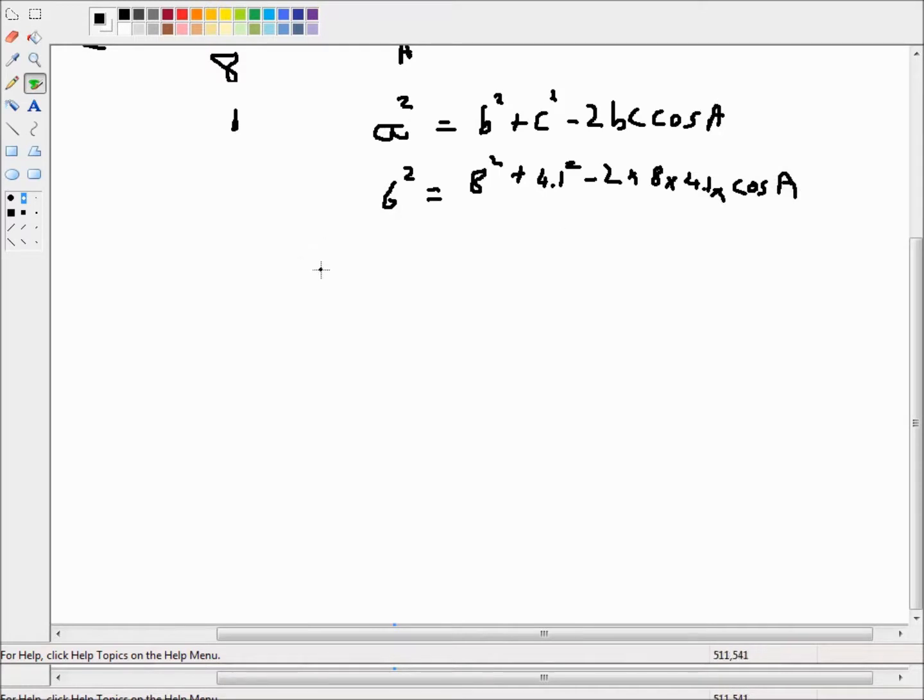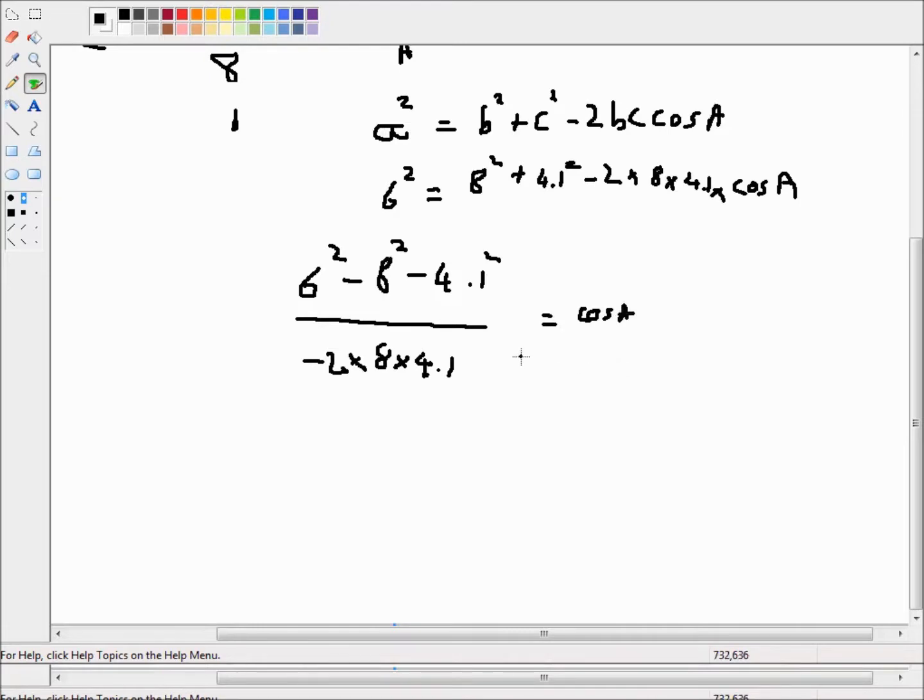Okay, so rearranging, 6 squared minus 8 squared minus 4.1 squared divided by negative 2 times 8 times 4.1 is equal to the cosine of A. And again, it's calculator time.